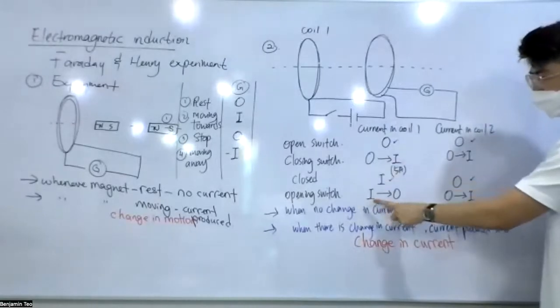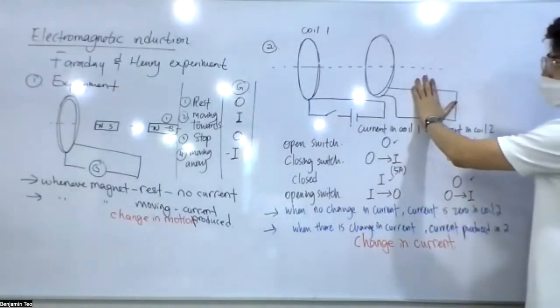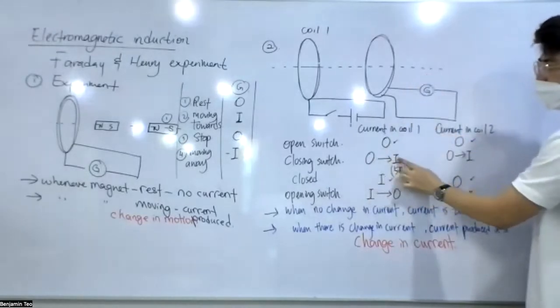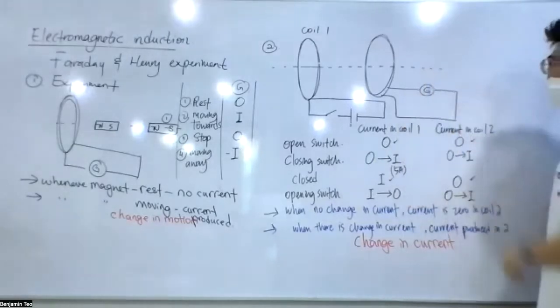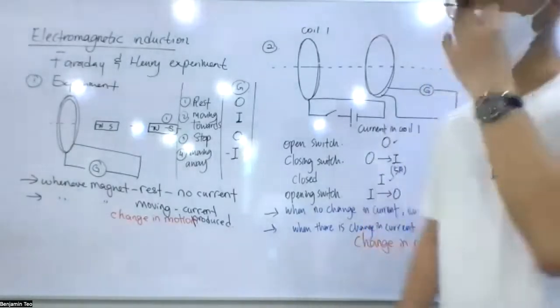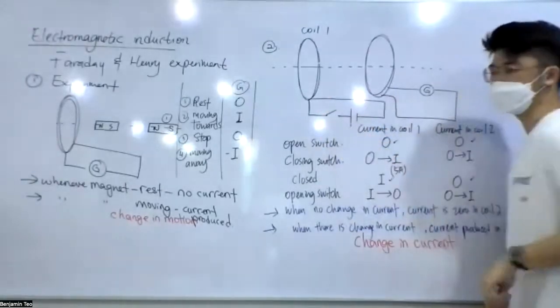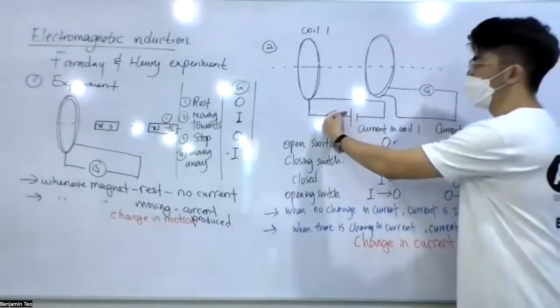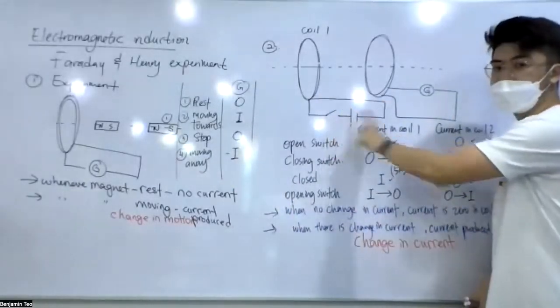Okay, so something to understand here. Current static, there's no current induced here. Only when closing or opening the switch, changing current, this one will increase. At what situation can I create change in current? This is one way, increasing or decreasing, opening or closing the switch. The other way, I can use AC current.